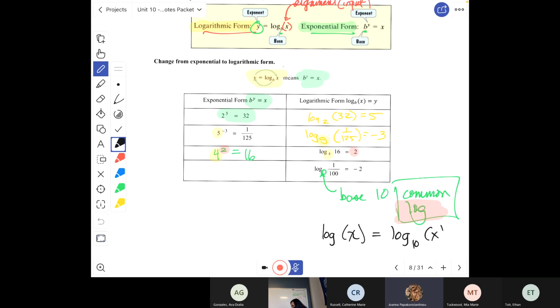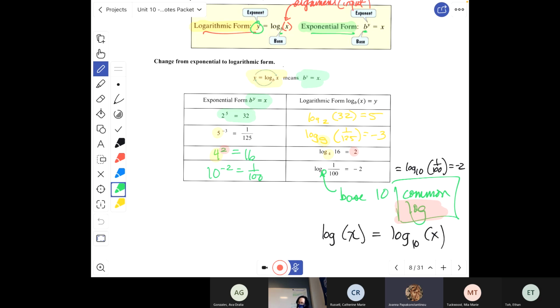These mean the same thing. If I don't see the 10, I know it to be there. So now I can rewrite this as log base 10 of 1 over 100 equals -2. So if I were to rewrite that in exponential form, what would it be? And do you see why that is true?